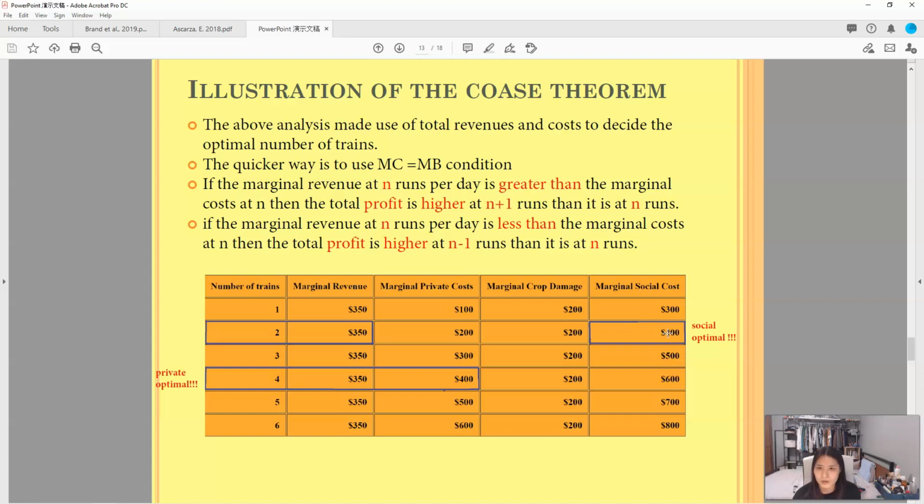Then we know we cannot get anything, but have to pay $50 for 1 more train, right? So we have no incentive to run 1 more train. That means 2 trains is the social optimal level of running.